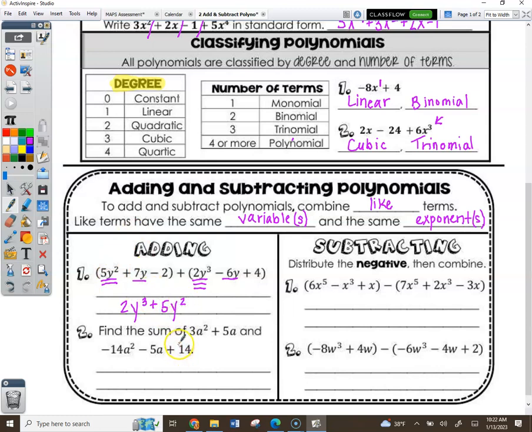I can combine my like terms with the power of 1. Look at the sign next to it. So 7y minus 6y would be plus y. And then the ones that have no lines at all are your constants. So negative 2 plus 4 is plus 2.